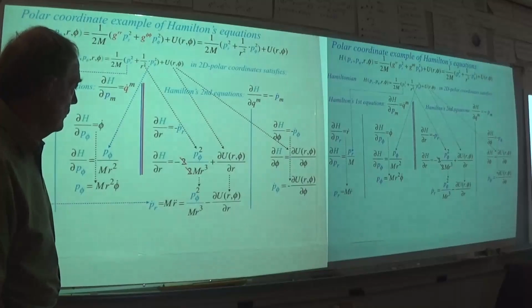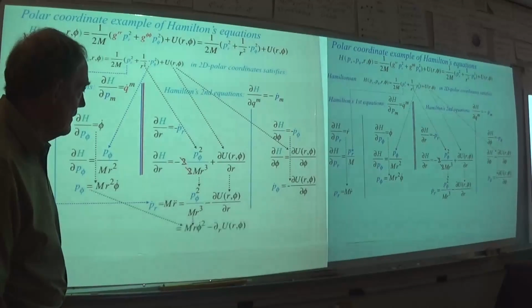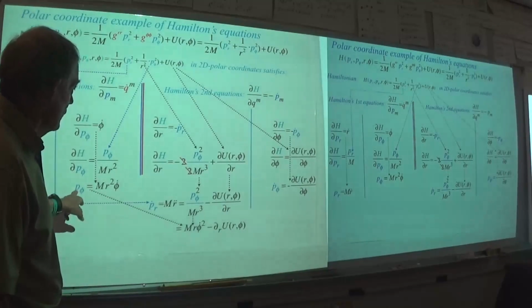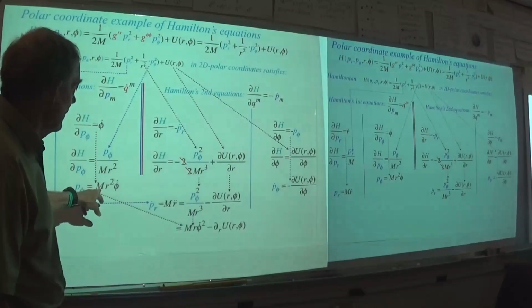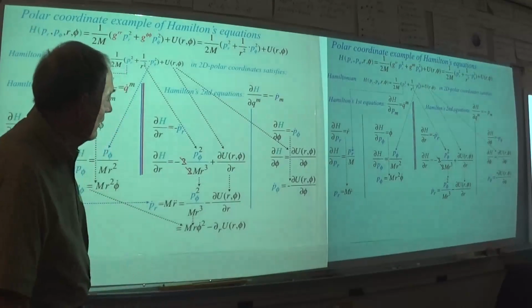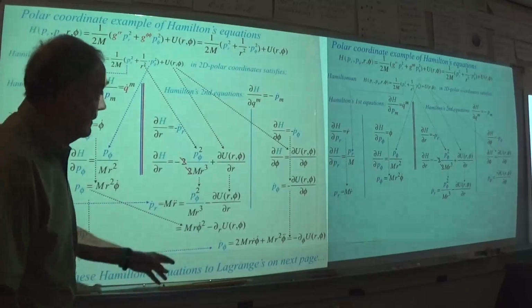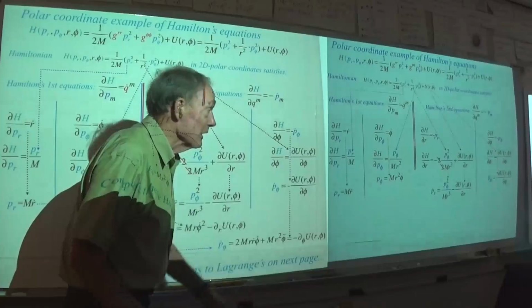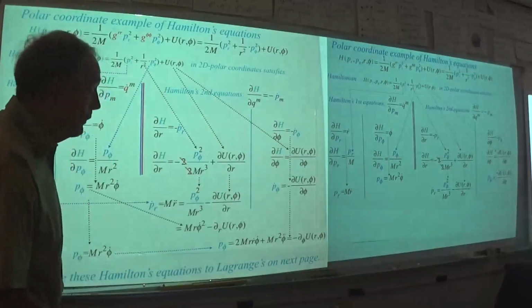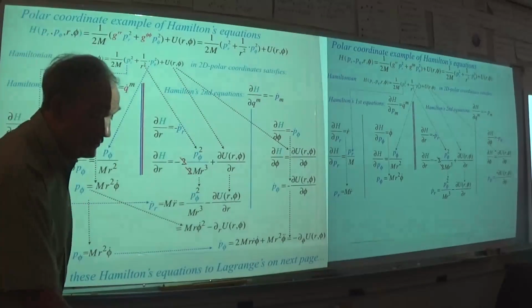I can get an equation for p dot r from that. But I have to use this guy right here. Stick that in there, and end up with a p dot phi, and those are the equations that we got at the very bottom with one step in the Lagrangian development.